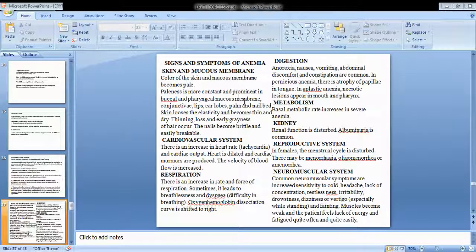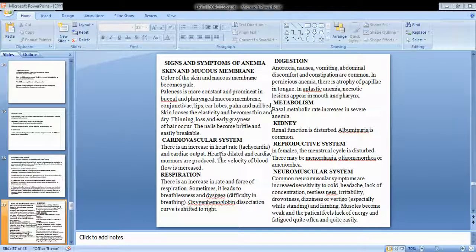The paleness is more constant and prominent in the buccal and pharyngeal mucous membrane, conjunctiva, lips, earlobes, palm, and nail bed. Skin loses elasticity and becomes thin and dry. Skin will not be healthy. Early graying of hair color also occurs.